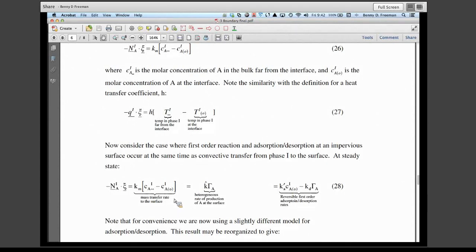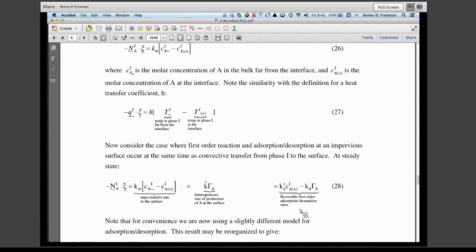However, at steady state, the rate at which you bring component A to the surface has to be equal to the rate at which it is produced or consumed at that surface, and that also has to be equal to the net rate of adsorption and desorption of A at that phase interface.